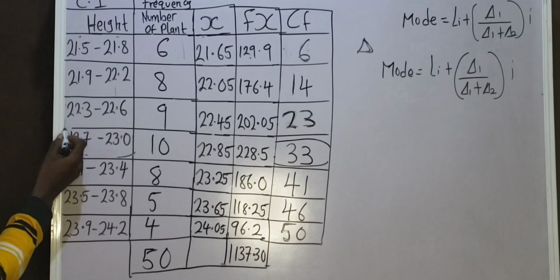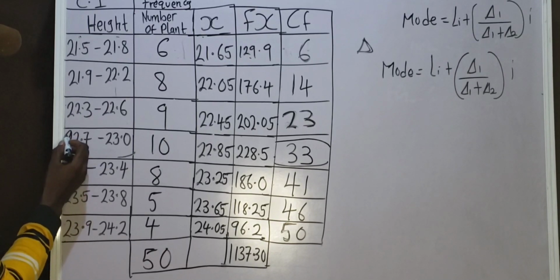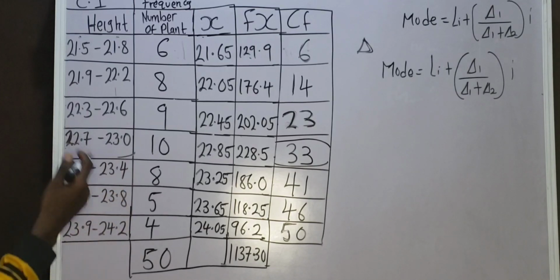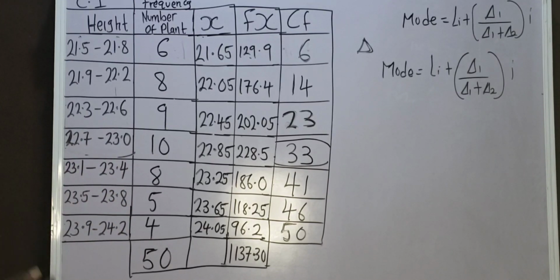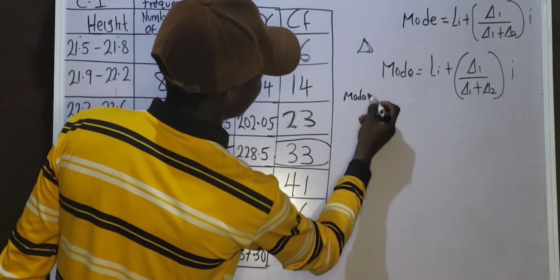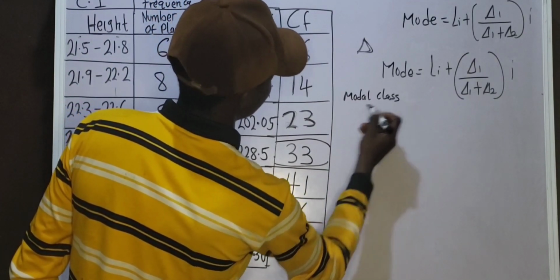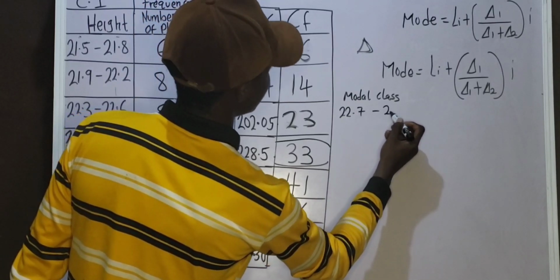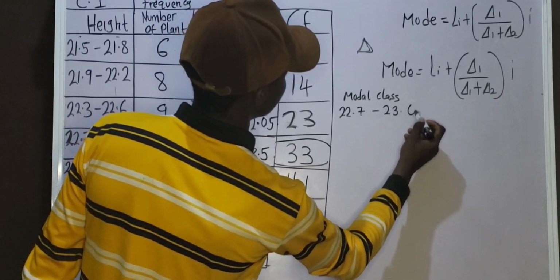The modal class is 22.7 to 23.0. Let me write it out. You understand?